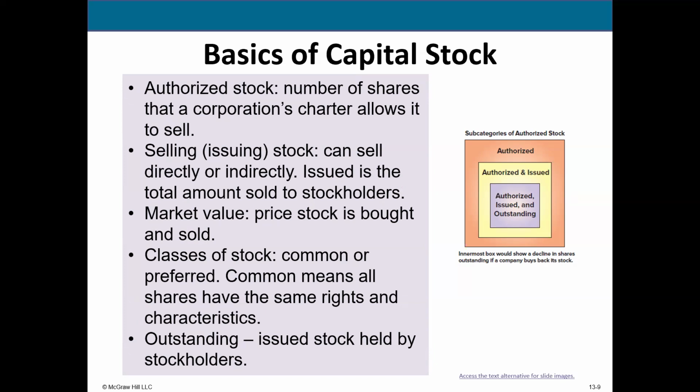We have authorized stock, which is the number of shares that the company is allowed to sell. So authorized stock is the shares of the company that the company is allowed to sell. And this number is typically dictated in the company charter.